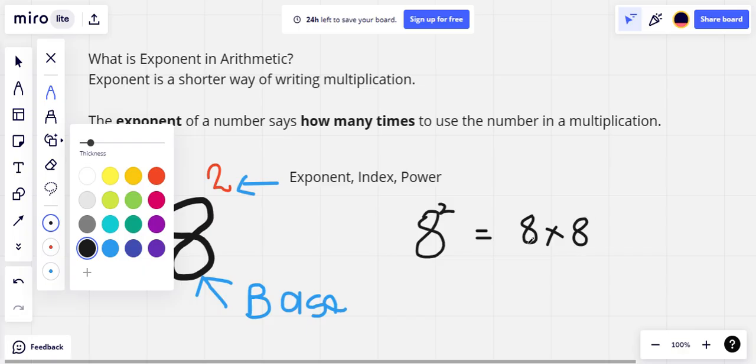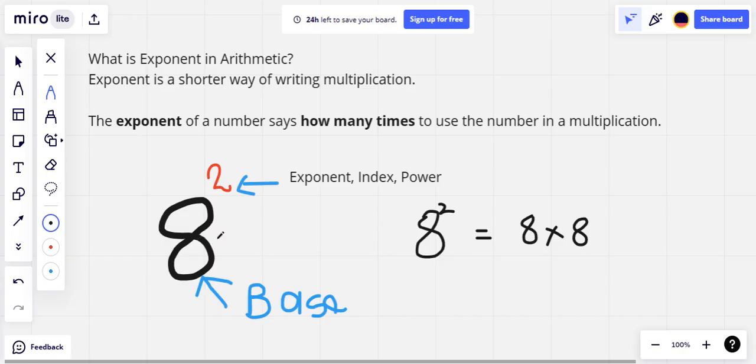All right, so we just multiply the base 2 times because that is what our exponent actually tells us to do. It tells us to multiply the base, which is the 8, 2 times. So it is 8 multiplied by 8. And 8 multiplied by 8, our answer is 64. Very good. I believe you got that answer. Very good.